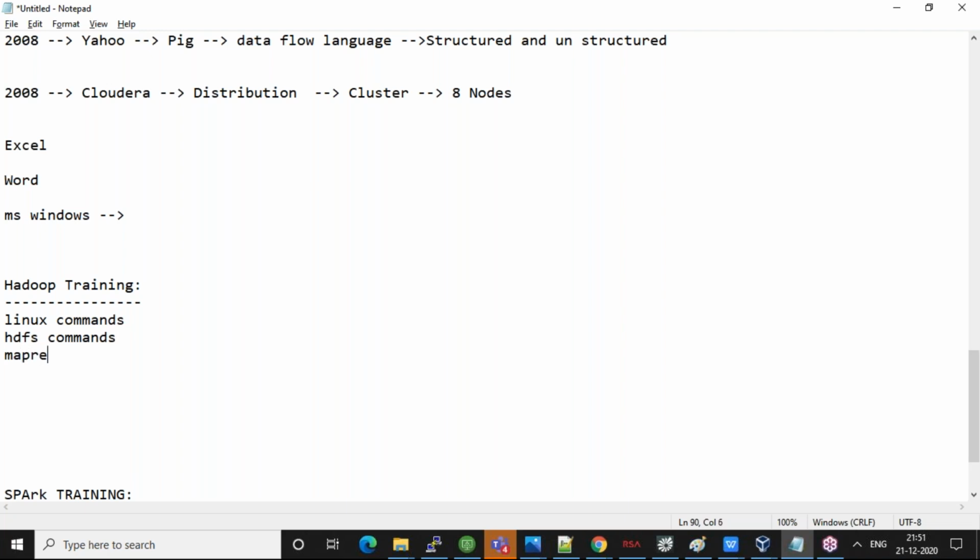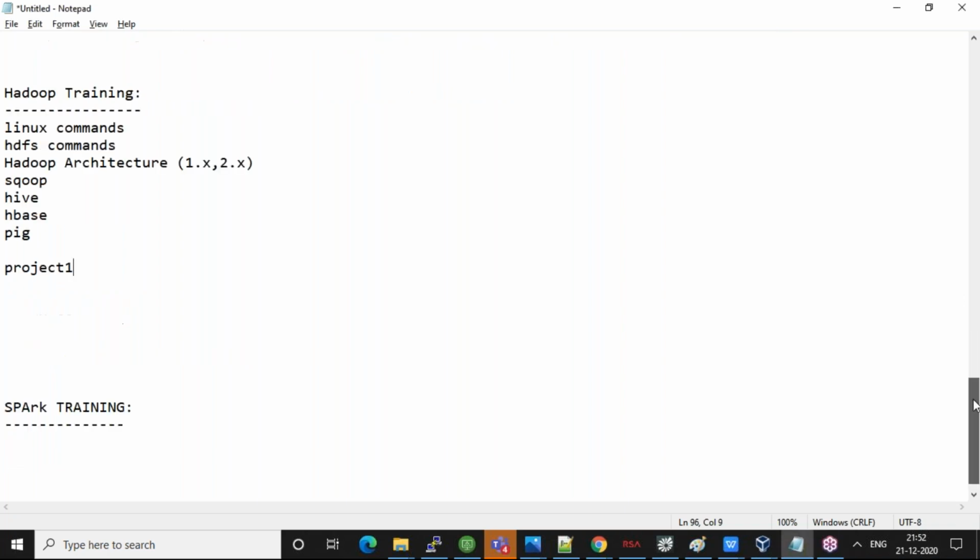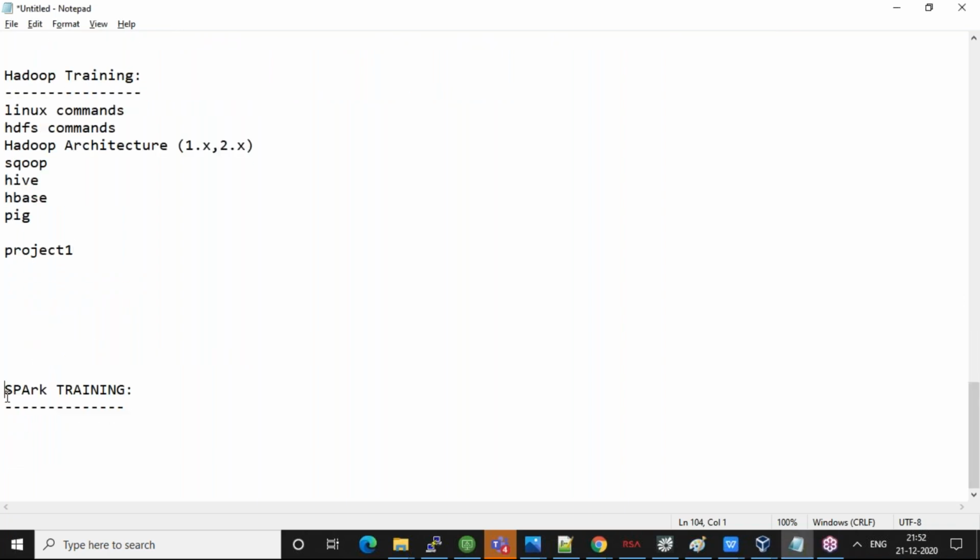Third is MapReduce, meaning Hadoop architecture, here 1.x and 2.x. Next, Sqoop, Hive, HBase, Pig. And after that I will provide one project. This is the first step.